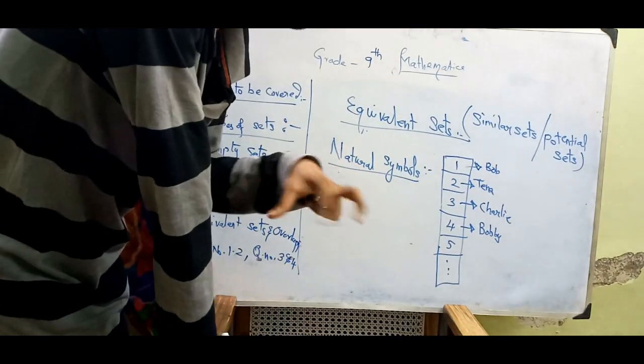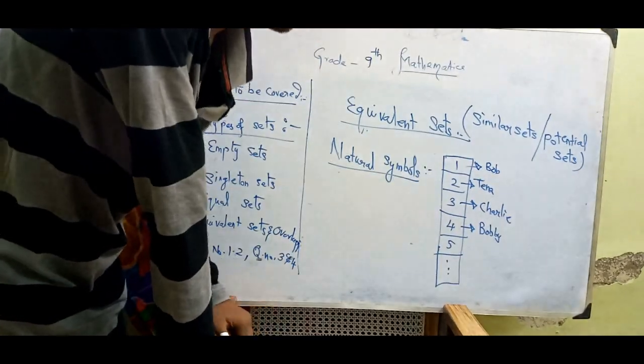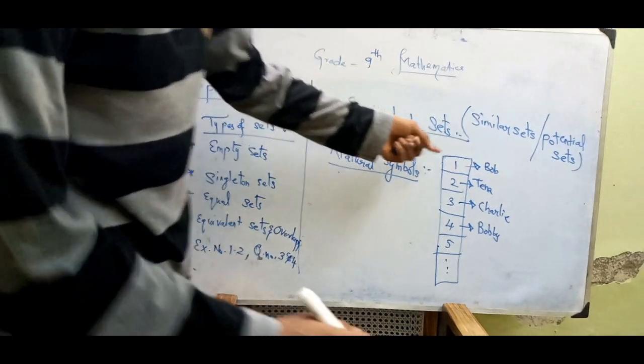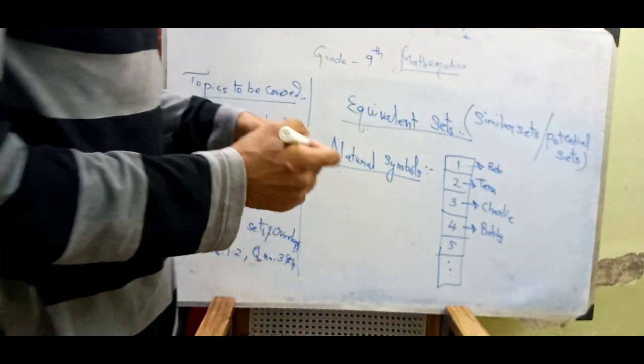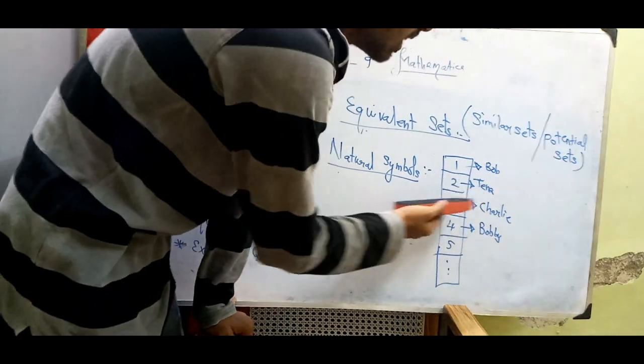Okay, so 1, 2, 3, 4, and these are all natural symbols, and we denote it by some name. We cannot remember those numbers, we cannot remember those names in class also. So for that I am denoting numbers to remember the person. That is why I have mentioned here the names.